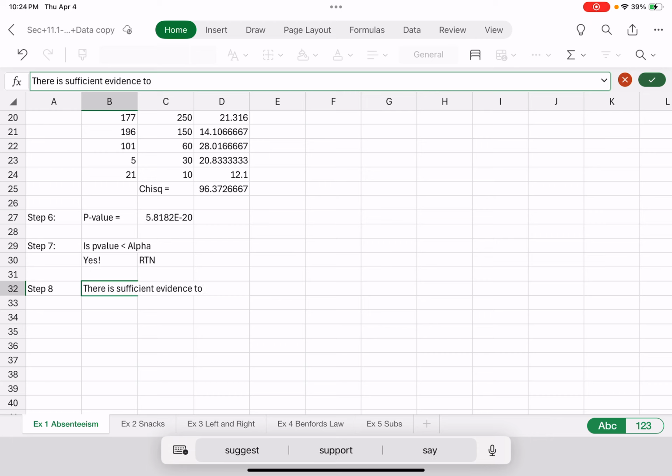There's sufficient evidence to warrant rejection of the claim that faculty perception of absenteeism is accurate. There's sufficient evidence to reject that claim, which was the null hypothesis, which we rejected.